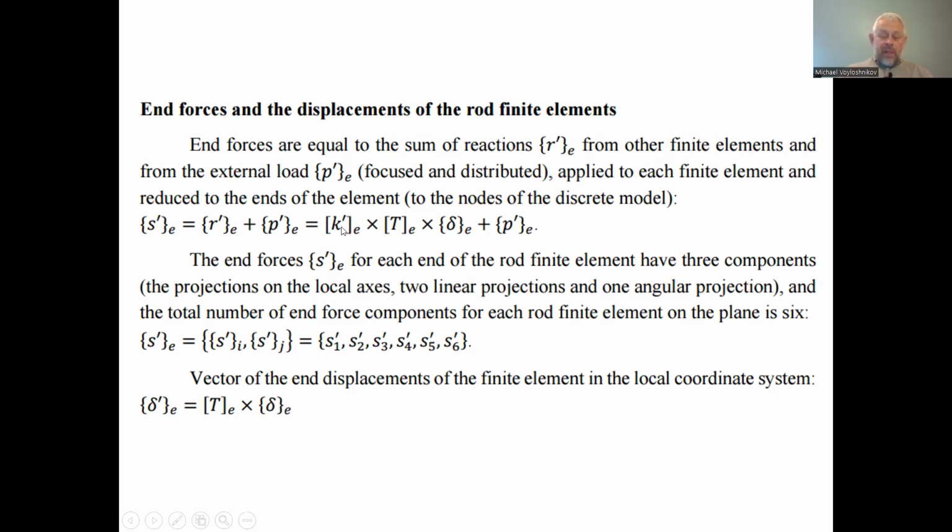But to use the stiffness matrix defined in the local coordinate system, we have to transform this vector of end displacements of finite elements by the cosine and sine transformation matrix to the local coordinate system. So this formula is just the disclosure of the one formula for the reactions from the other finite elements. This is the product of three matrices, and this is the external load, concentrated and distributed.